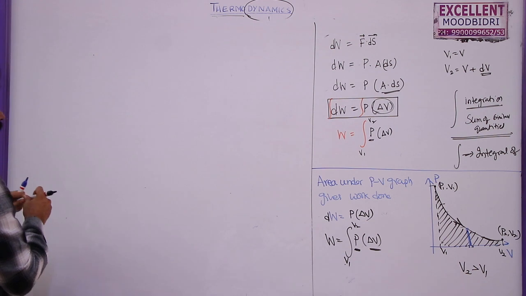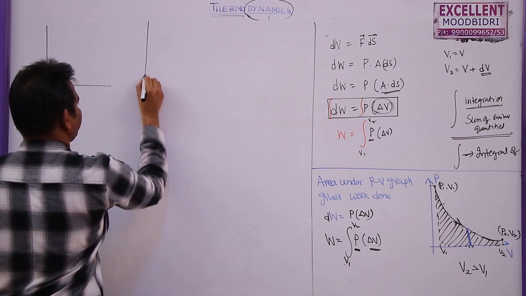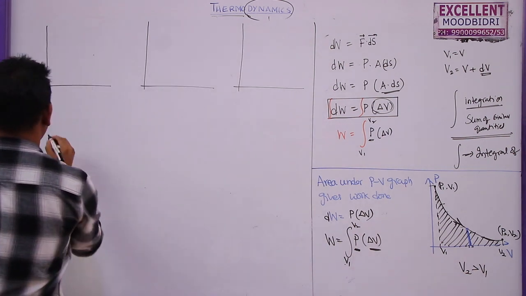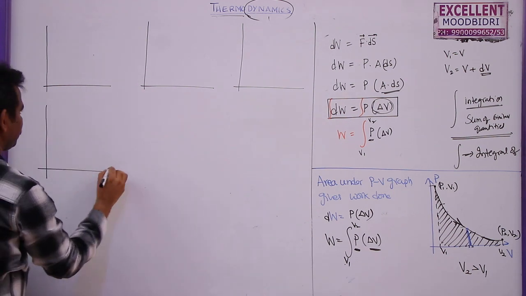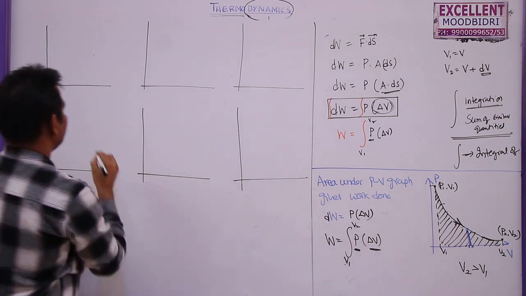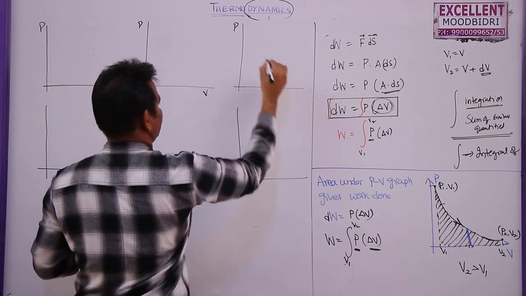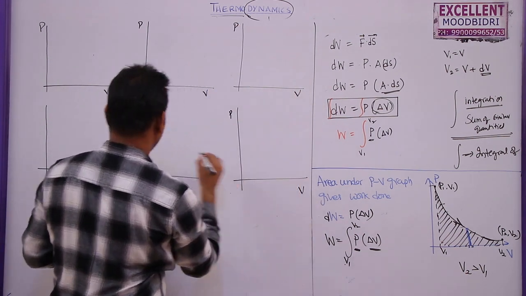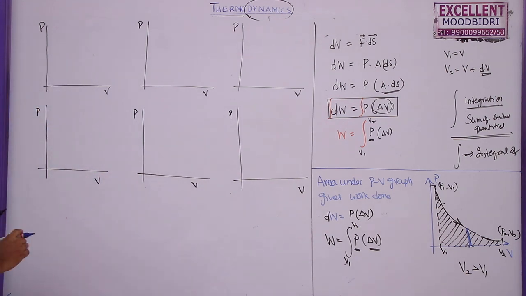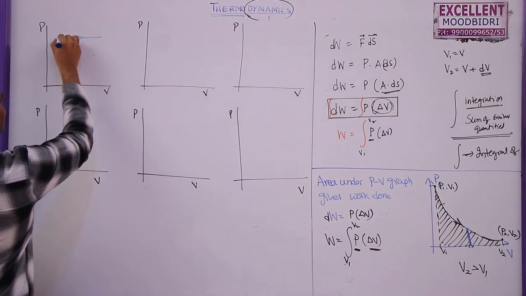Now let me explain some graphs here. These are all PV graphs, or we can write them as indicator diagrams. If the graph is shown like this, what is the meaning of this graph?